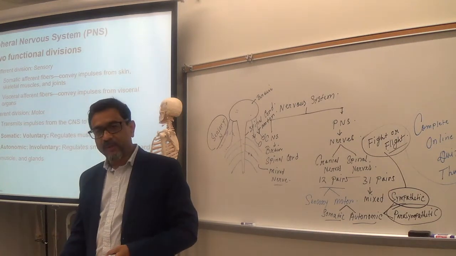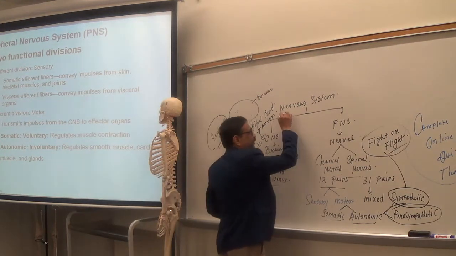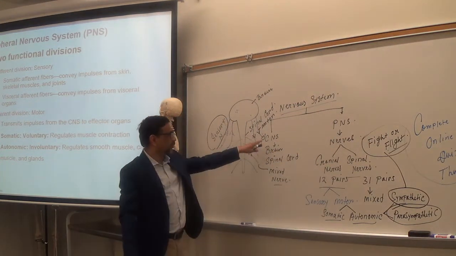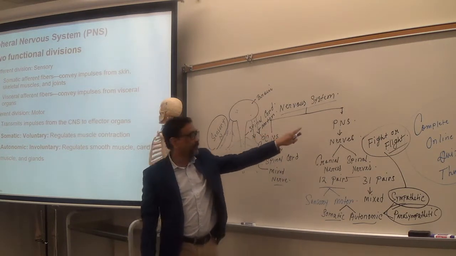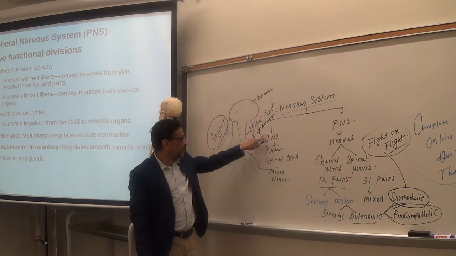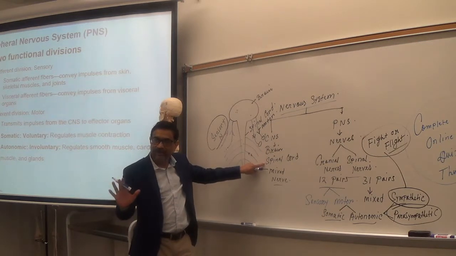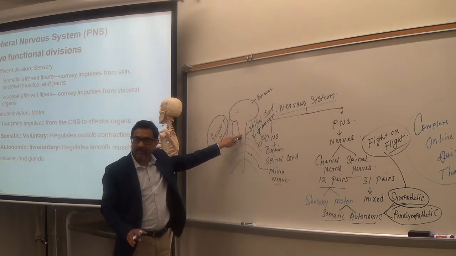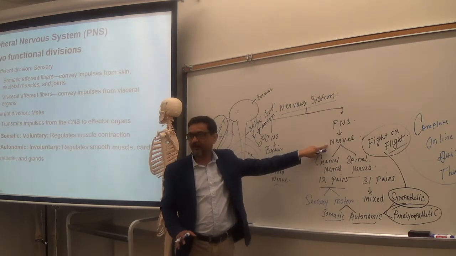So let's quickly go back again. How do we classify the nervous system? First we divide the nervous system into what? Central nervous system or CNS and peripheral nervous system or PNS. Make sense? The central nervous system consists of what? The brain and the spinal cord, right? So this and this. And the peripheral nervous system consists of many nerves.